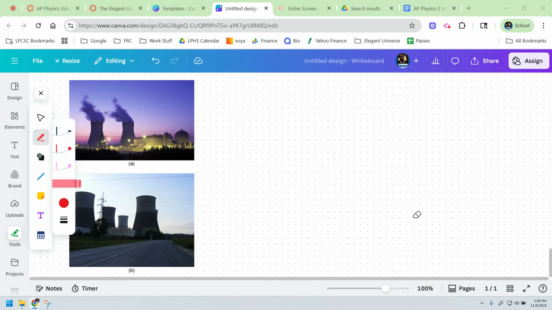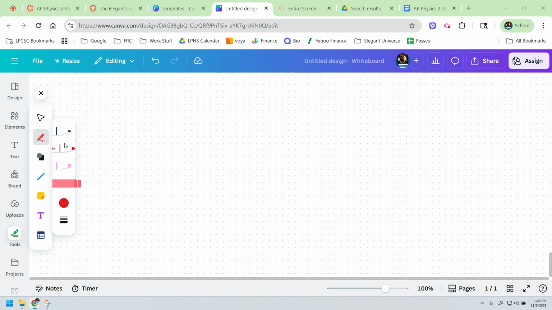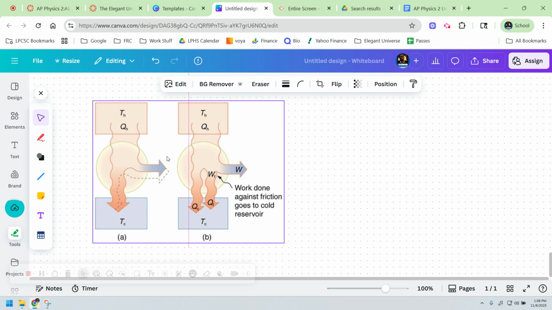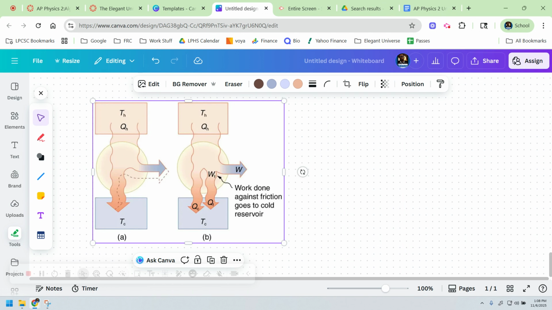And so let's look at one more image. So what I have here is these are what real heat engines look like that are less efficient than Carnot engines. Figure A is a real engine that uses an irreversible process, reducing the heat transfer to work. Solid lines represent the actual process.